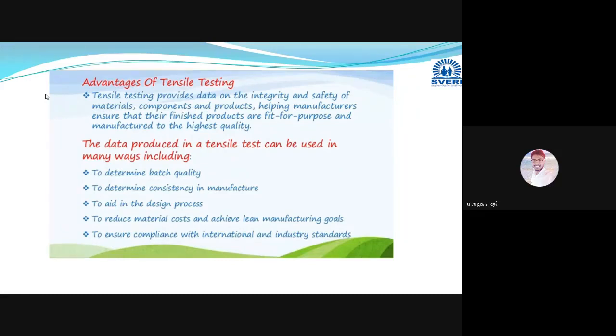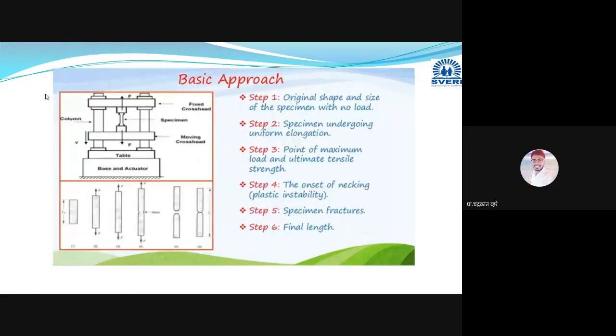Okay. Thank you. So go for the next one. This is just the setup. I thought that last year in metallurgy you had tested the component. So this is just a basic approach of tensile testing. You may have handled this machine. Just see, this is the base, this is a table, this is the fixed crosshead, and this is the movable crosshead.